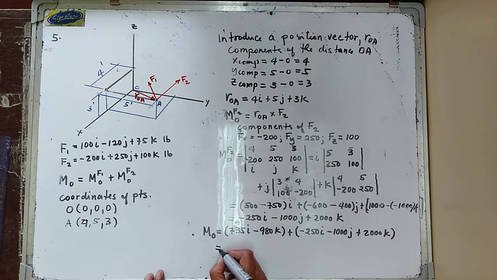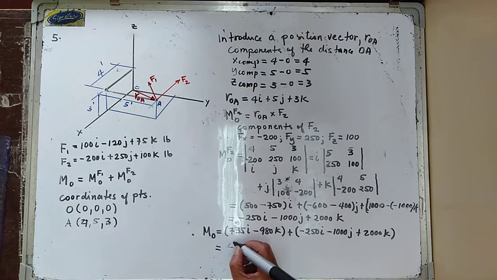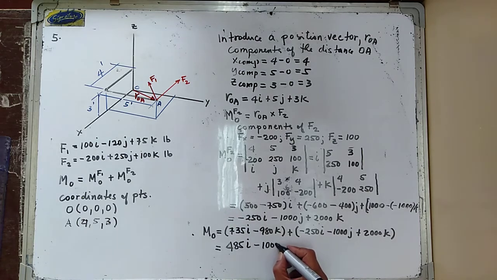So the moment of the two forces about point O: 735i minus 250i is equal to 485i. Then minus 1,000j.